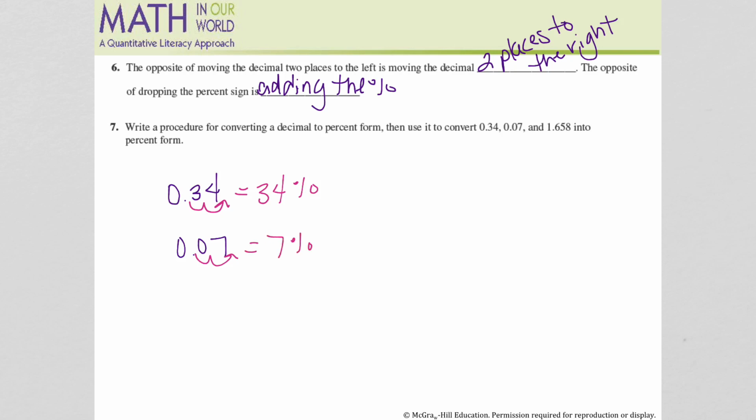We don't want to leave the 0 in front there. That doesn't make sense. And 1.658, move it 2 places to the right, and we have 165.8%.